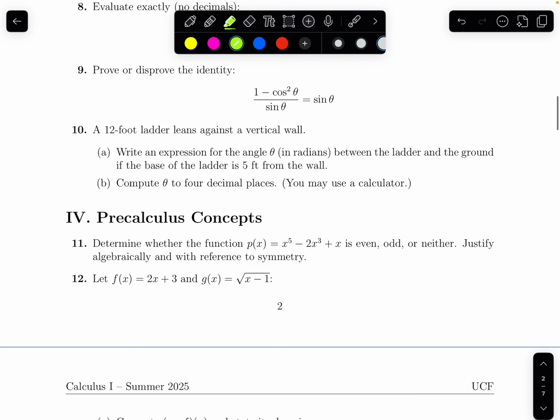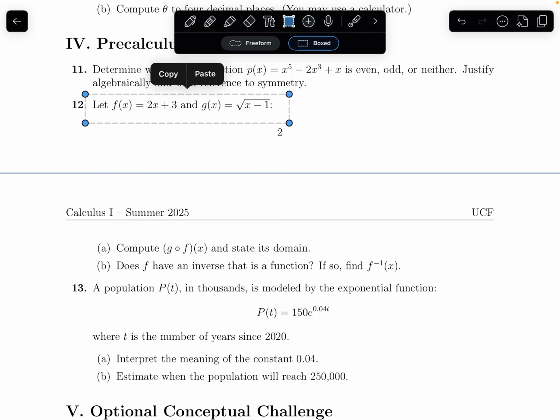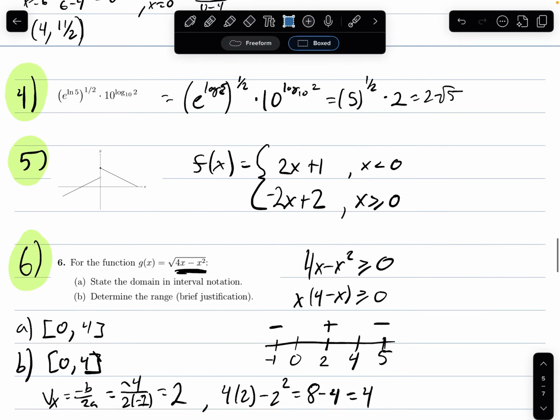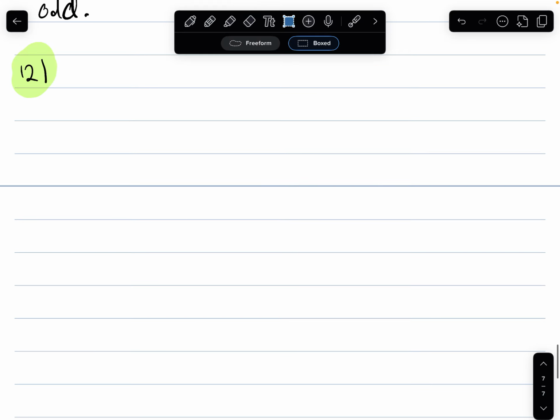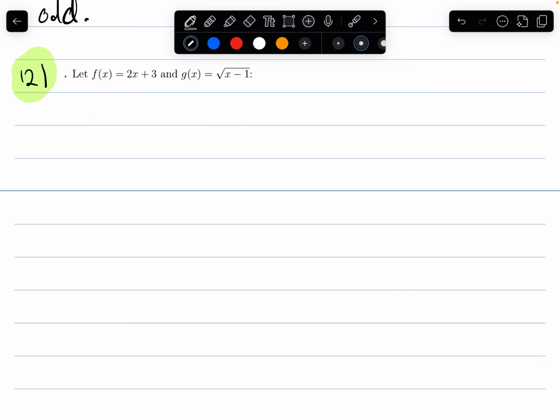Almost done, guys. Here we have number 12. Let me grab the functions. So it says first find g of f, and then tell us if f is invertible. So g of f of x is equal to this.